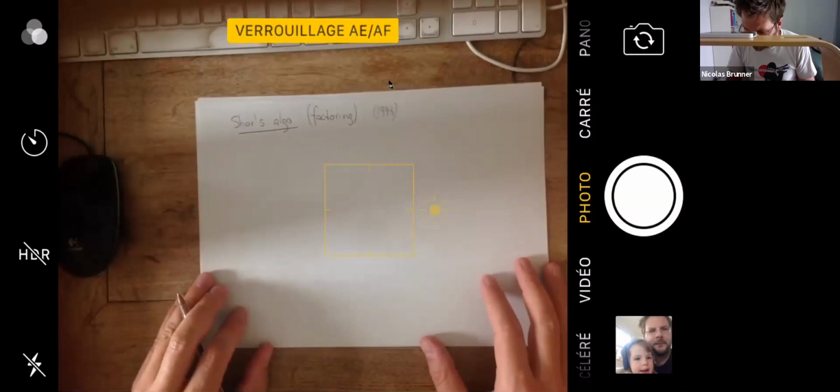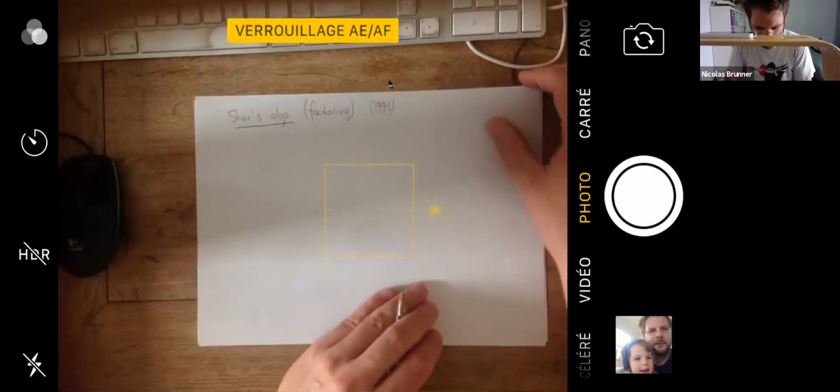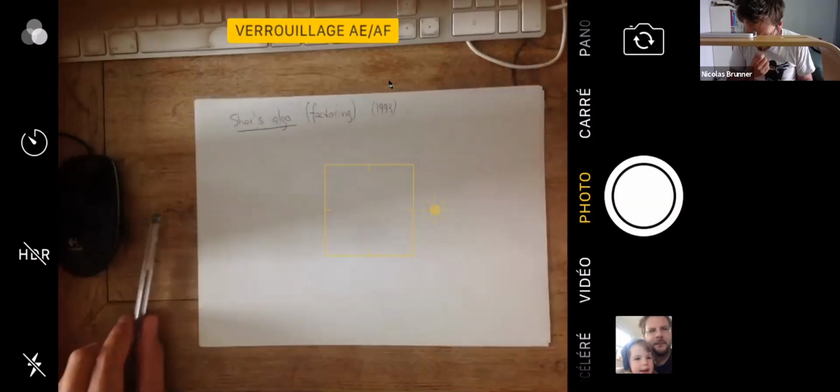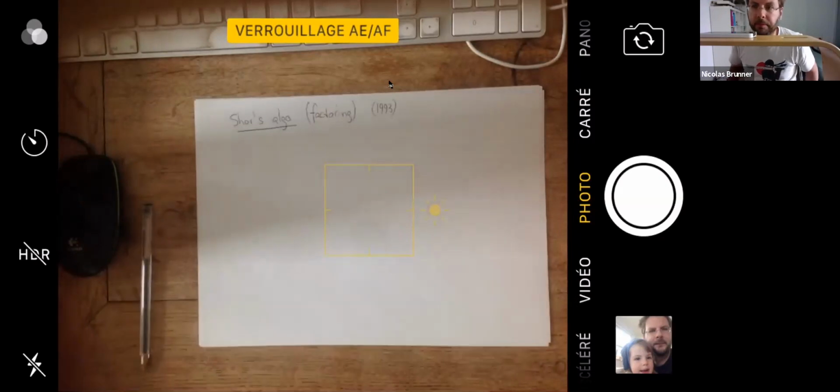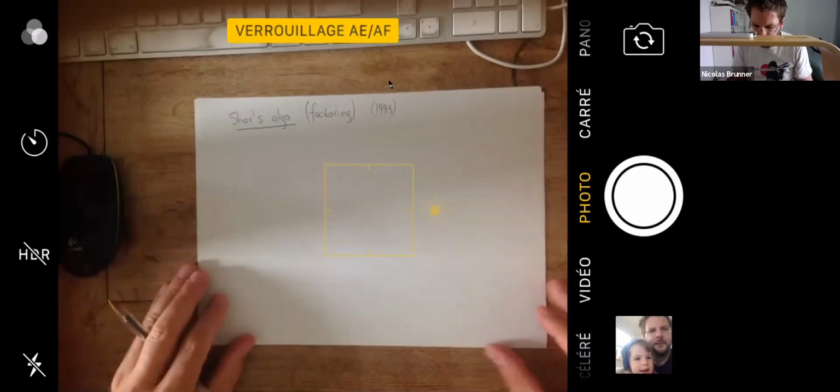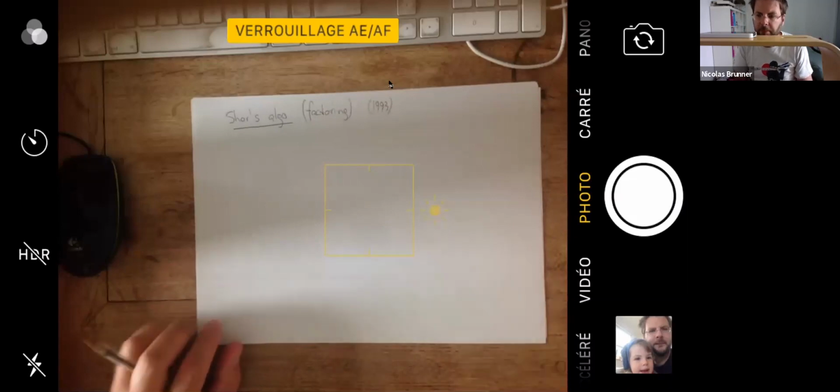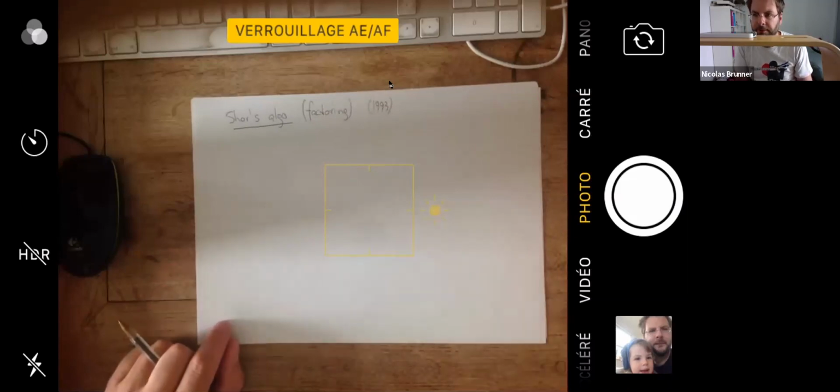Okay, so to make a quick recap, what we've seen so far is that one great thing you could do with a quantum computing device, with a quantum circuit, is to estimate some global property of a function. In particular, last time we discussed this algorithm of Simon, where you can find out the period of some function.